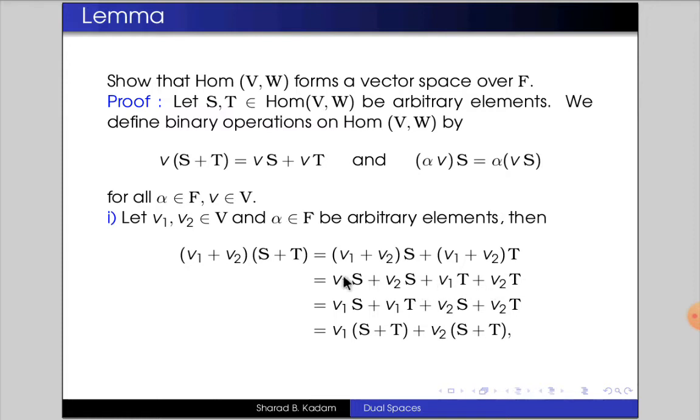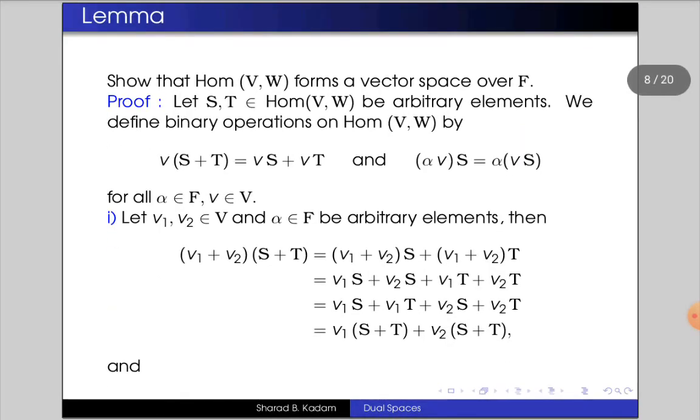That is why this equals S of V1 plus T of V1 plus S of V2 plus T of V2, and this equals (S plus T) of V1 plus (S plus T) of V2. So we have shown that (S plus T) of (V1 plus V2) equals (S plus T) of V1 plus (S plus T) of V2.